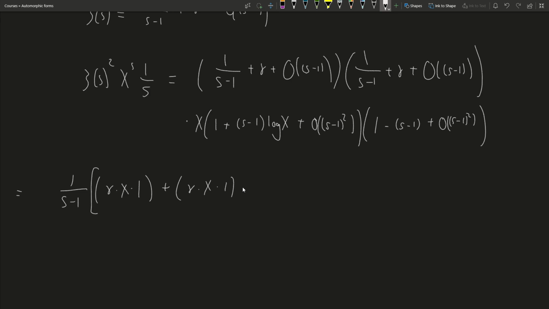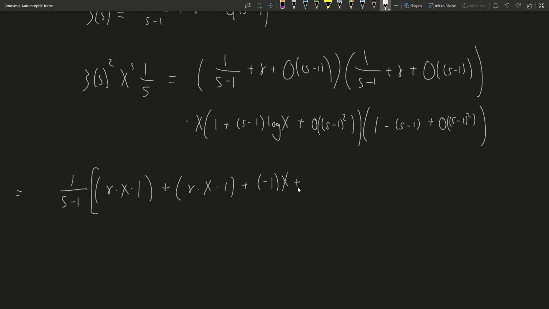And then the last way we could do it is, well, it's going to be two ways. We could take both the 1 over s minus 1 here and here, and then here we could take the x here and the minus 1 coefficient here, so this will be a minus 1 times x.